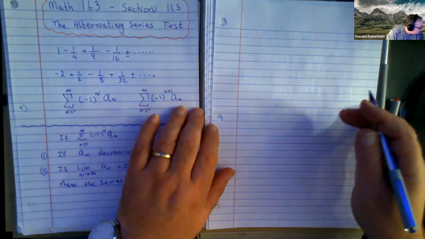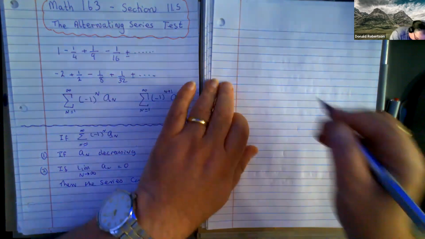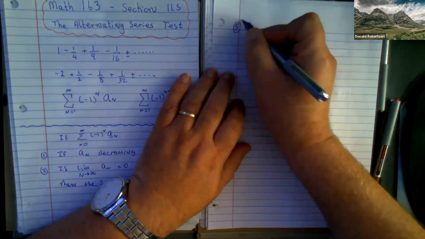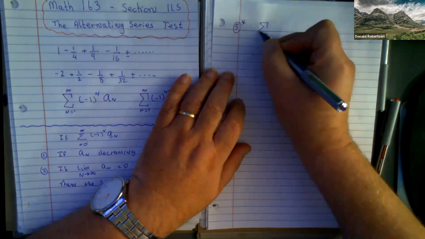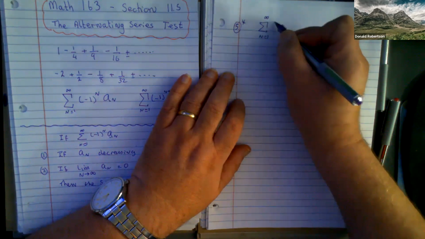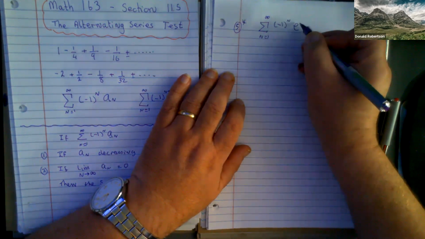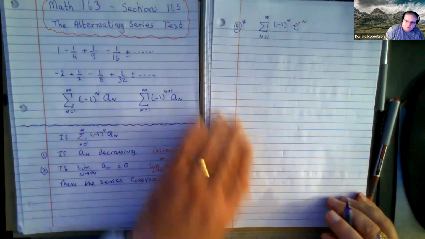Try the next one. Well, I'm only going to set up 5. I won't really do a lot in 5. We're being asked to find out whether this alternating series converges or diverges.